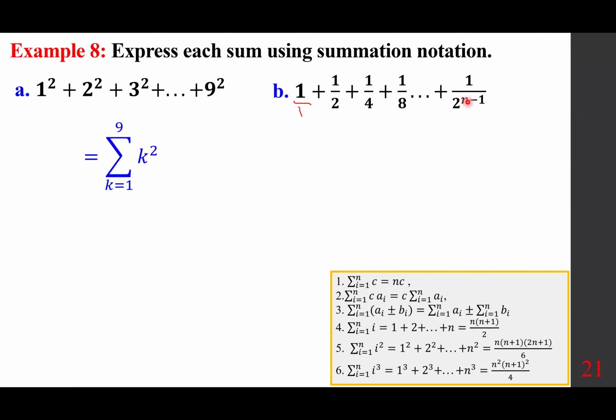And notice if you choose n to be 1, the denominator becomes 2 to the power of 0, which is 1. If you choose it to be 2, 2 minus 1 is 1, 2 to the power of 1 is 2. And so basically, this is your general term, and k goes from 1 to n. Again, that's pretty straightforward, everybody.